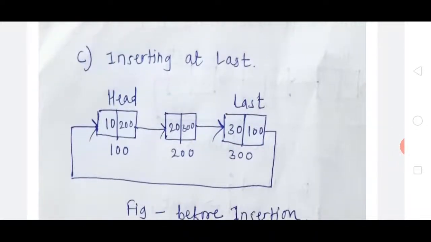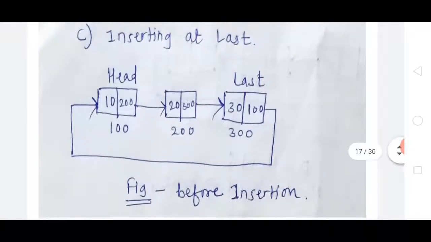Inserting at last, now we have to see one figure. The name of the figure is before insertion. The figure contains 3 nodes. The first node contains the element 10, the second contains element 20, and the last contains element 30.